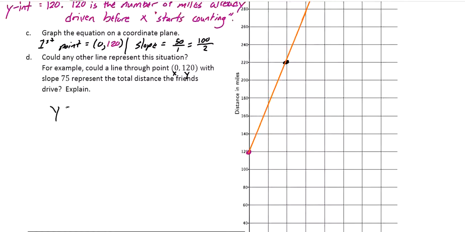So in our equation, we have y equals 50x plus 120. Hold up though. They actually are changing the slope on us. They're changing the slope to 75, and they want to know, could that represent this situation?